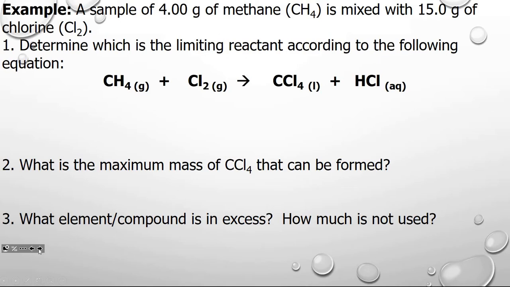So here we go. A sample of 4 grams of methane. I always write what I've been given. Let me use a different color. 4.00 grams of methane is mixed with 15 grams of chlorine. Determine which is the limiting reagent. Well, the first thing I need to do is make sure my equation is balanced. Okay? So, is it balanced? No, it's not. So what do I need to do to balance it?